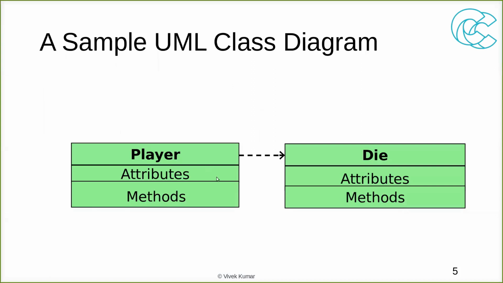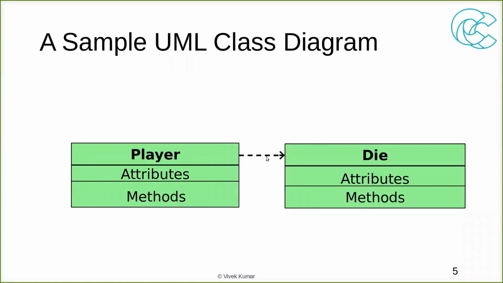Okay, so this is an example. You have a box for each class. The name of the class goes at the top, and then you have the attributes, which are nothing but the variables, and then the methods. So there are 3 sections in each box: the name of the class, the attributes, and the methods. If you want to depict 2 classes, then you have these 2 boxes, and there are multiple different types of lines.